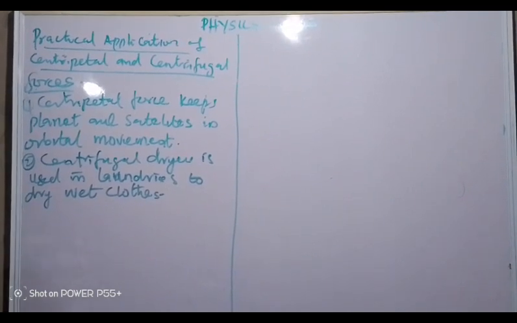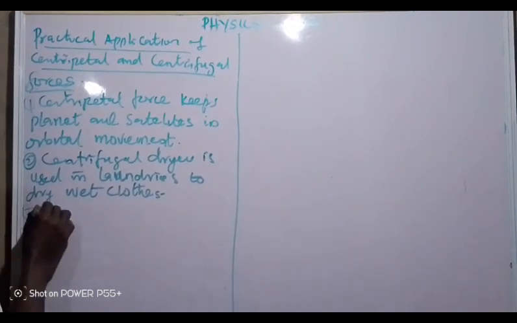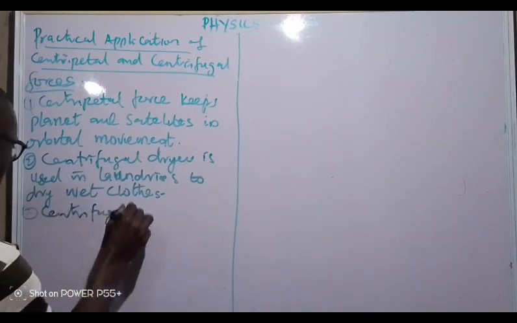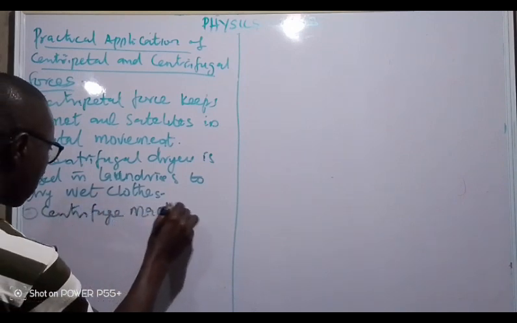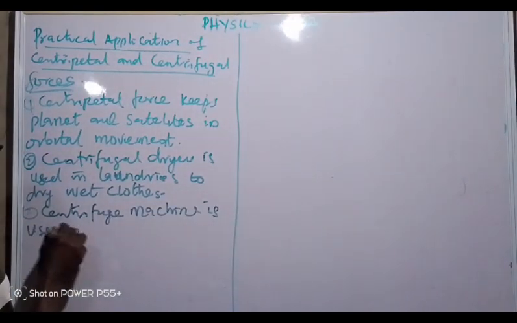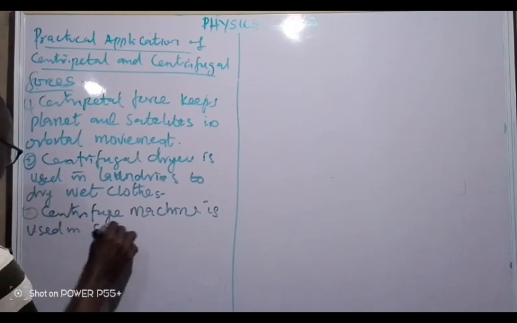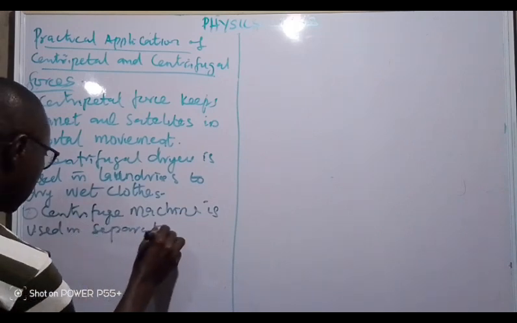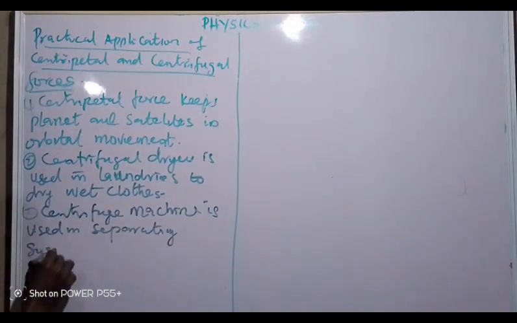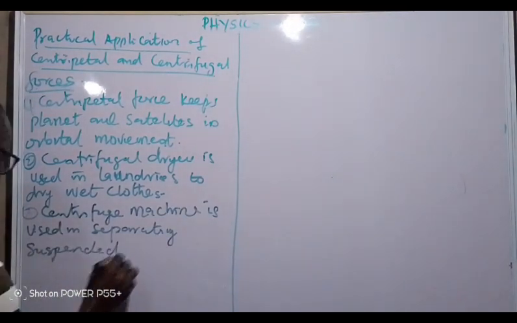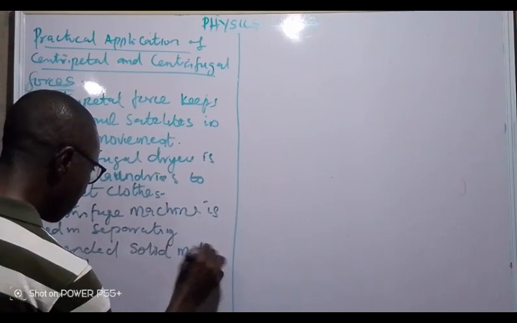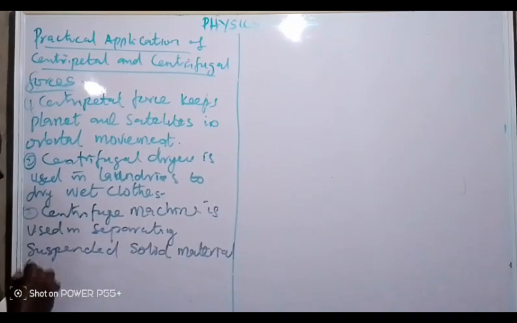That's number 2. 3, centrifuge machine is used in separating suspended solid material from liquid.